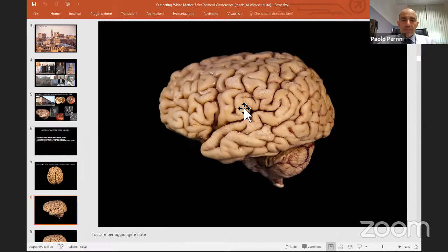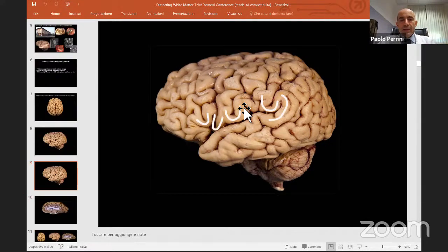This concept is very important because we can find this repetition of gyri in all the brains we dissect. The same happens for the lateral surface, in particular for the opercular portion of the hemisphere, which presents a high degree of invariance. This portion presents four consecutive U's that are always present and are very important anatomical landmarks. The first U is the triangularis part of the inferior frontal gyrus.